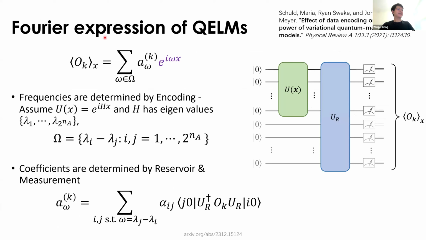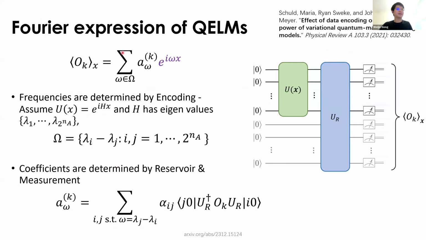So the starting point of our analysis is to derive such a Fourier series for QELMs. We assume that the embedding takes this form, and we call H the generator of this embedding. Then we choose the eigenbasis of this generator, such that H and U are diagonal in this basis.